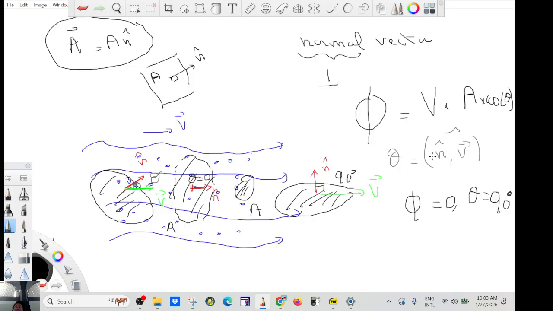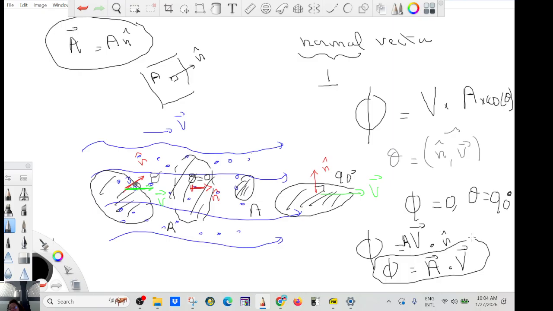Like calculus was invented by Newton because he needed calculus to develop his law of gravitation. So it's just a tool to be the slave of physics. So it's going to be V dot, we can say n hat, and then you multiply by A. Or you can say A dot V, the velocity.